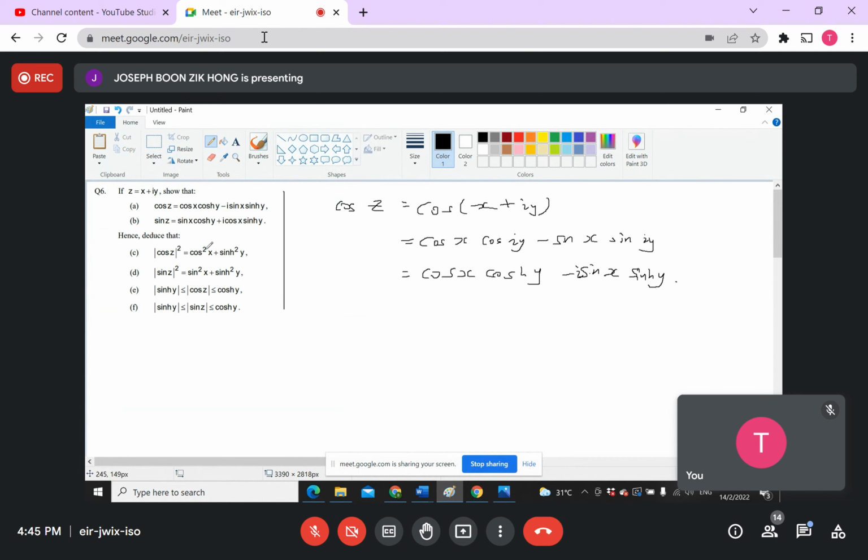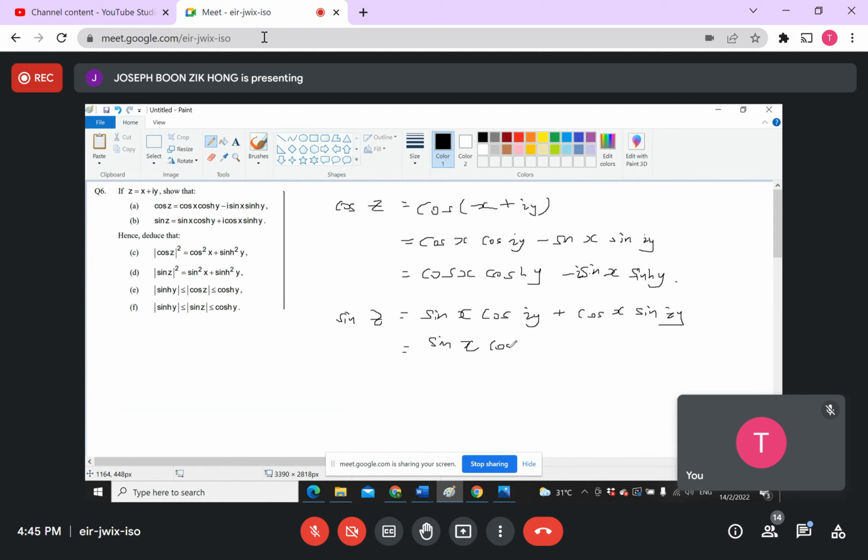For the same thing, sin z will be sin a cos b plus cos a sin b, a direct procedure. Again, because I've got i, I make the i in front.